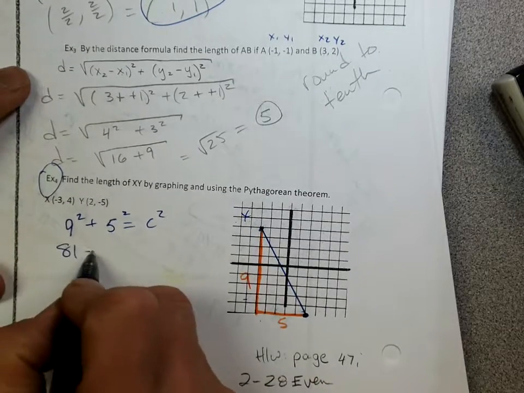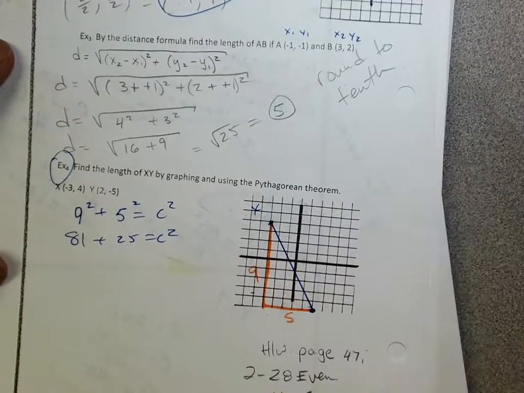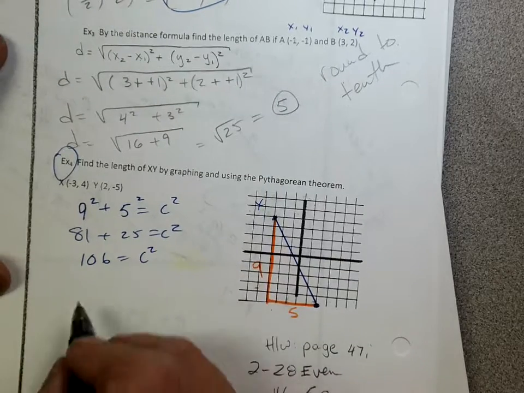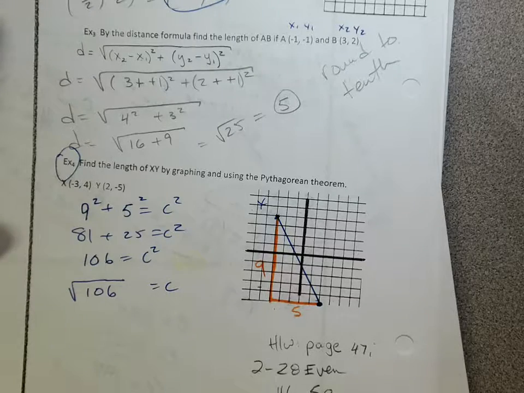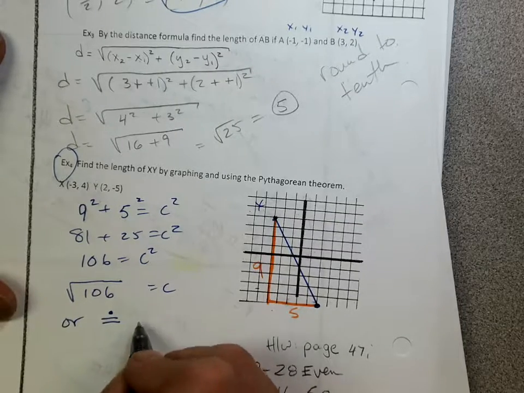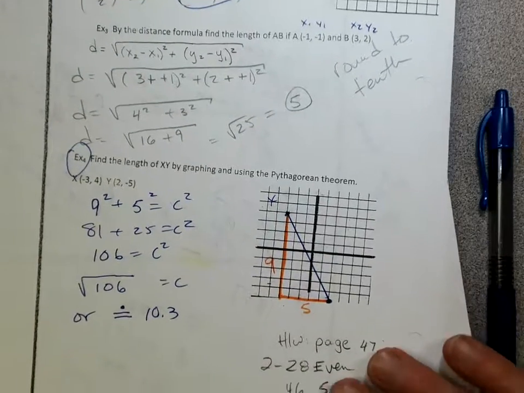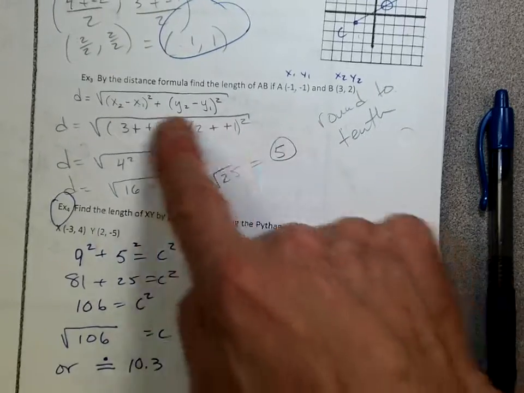We're going to get an 81 plus a 25 equals c squared. Let's see. 81 plus 25 is 106 equals c squared. Or it's going to be the square root of 106 is c. Now, as a decimal, square root of 106 is about 10.3, or approximately equal to 10.3. How's that?